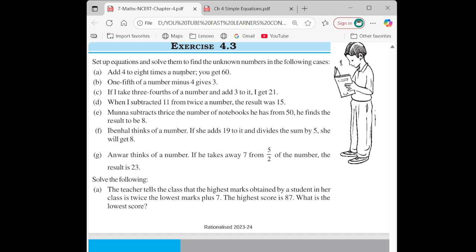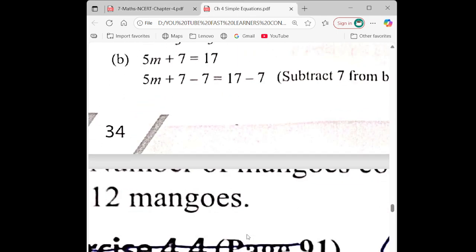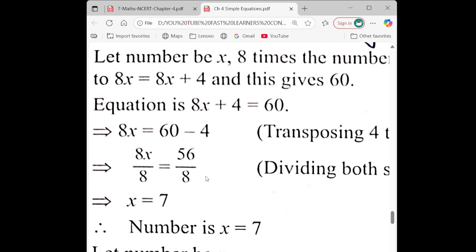You can choose any alphabet, any alphabet starting with A to Z can be chosen as a number. You just have to think, 8 times a number means you can write 8x, add 4, plus 4 equal to 60. It is this much simple.